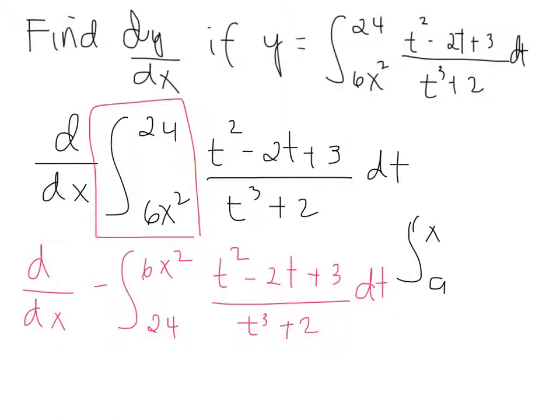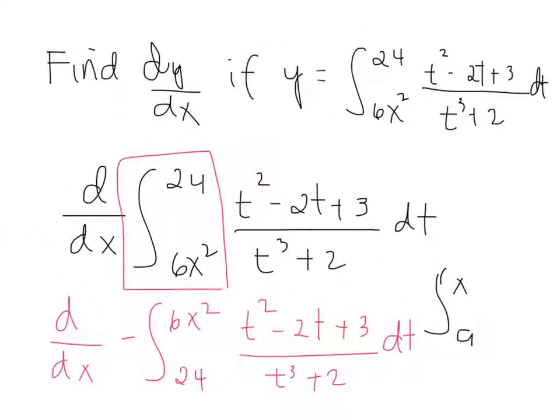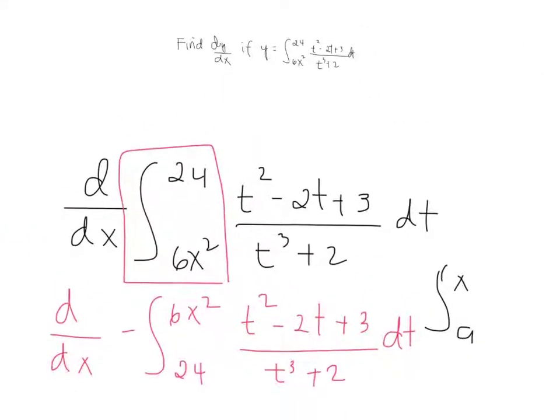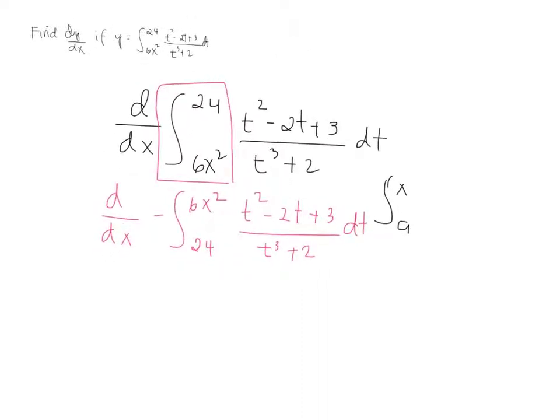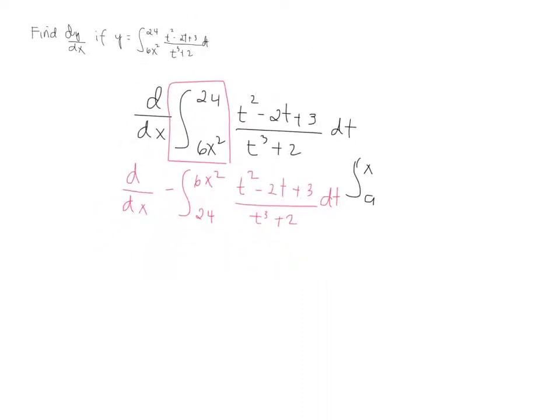And the next problem is we have to rewrite 6x squared as if it is a u. So how are we going to do that? Now we can use the chain rule in differentiating this.